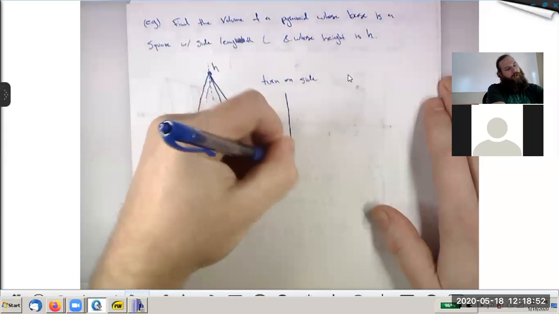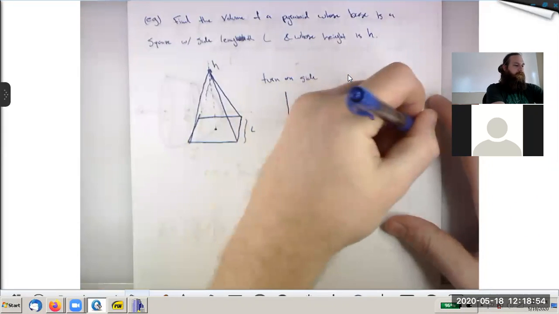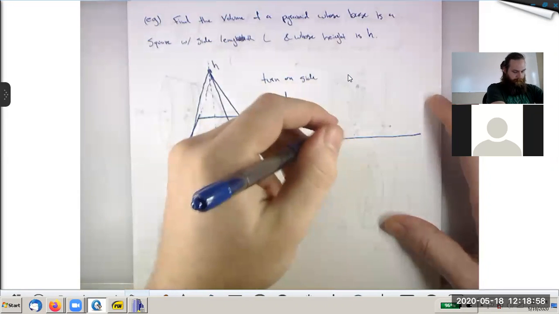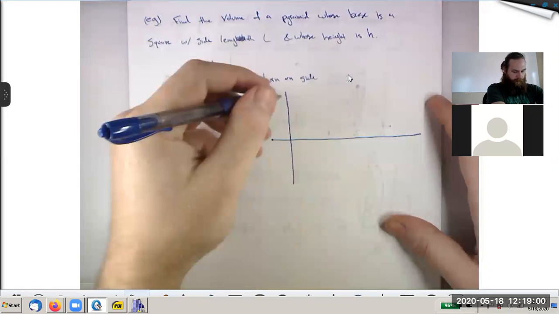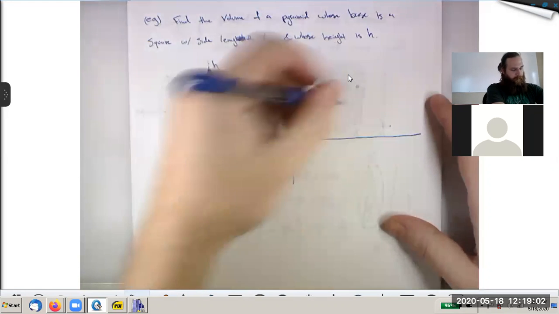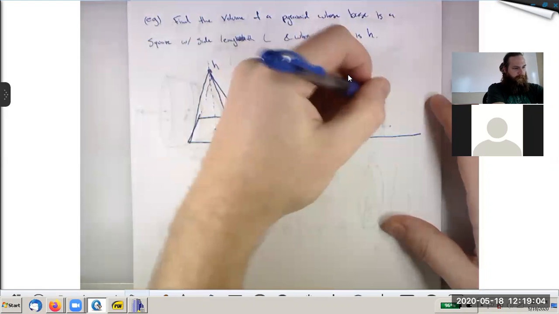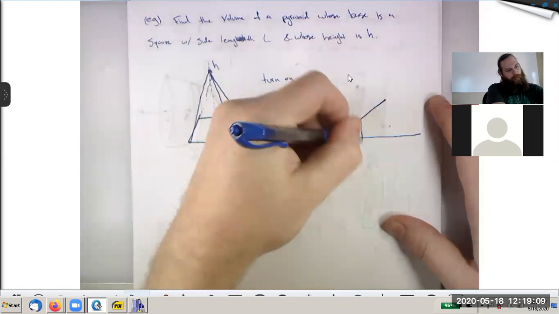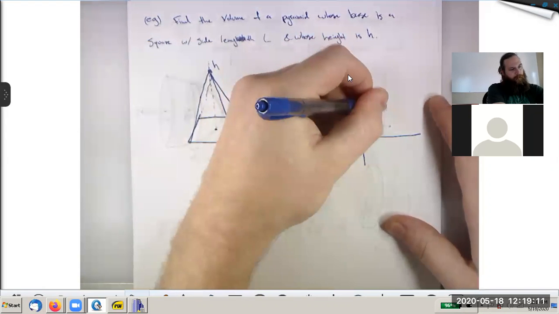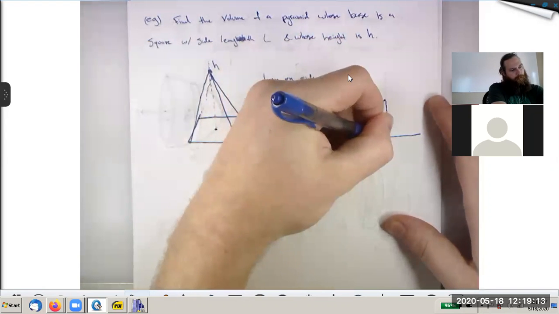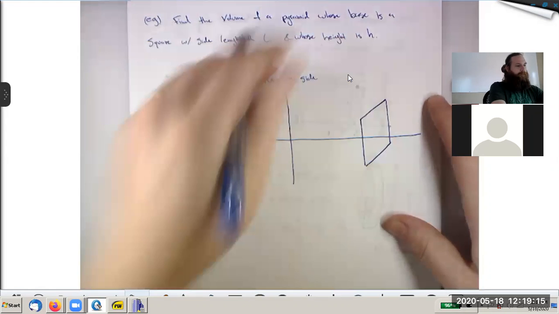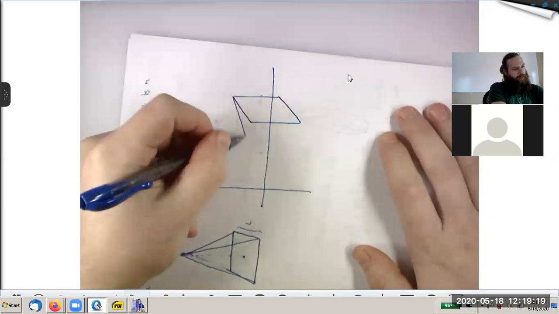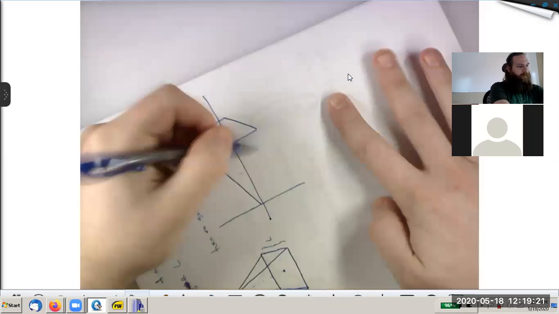I'll call the vertical axis here my y-axis. I'll call the horizontal axis here my x-axis. And I'm going to do my best to think of this pyramid as living in here. Like this.